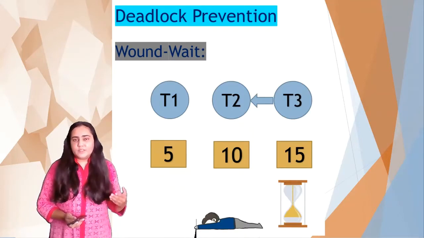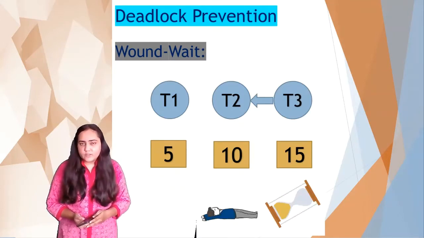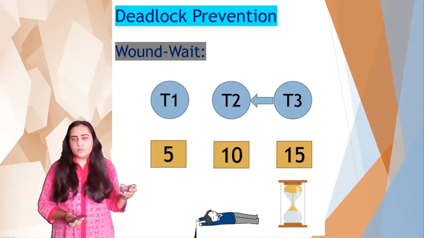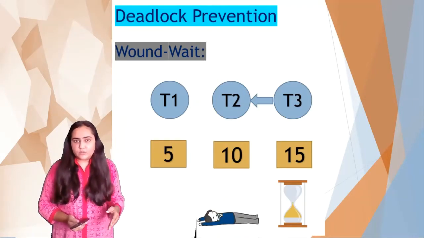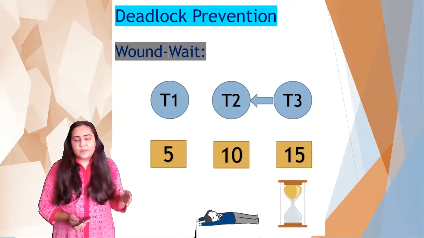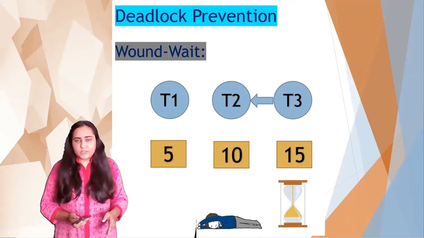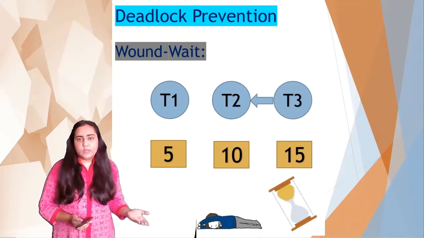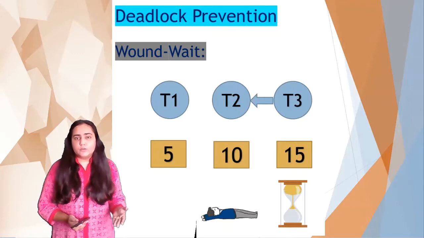So that is how the wound-wait technique works. If there's an older transaction wanting a data item from a younger transaction, then the younger transaction will roll back. But if there's a younger transaction asking for a data item from an older transaction, then the younger transaction will have to wait.